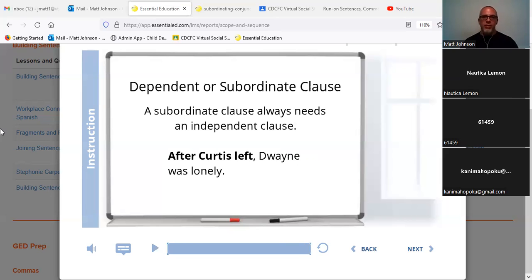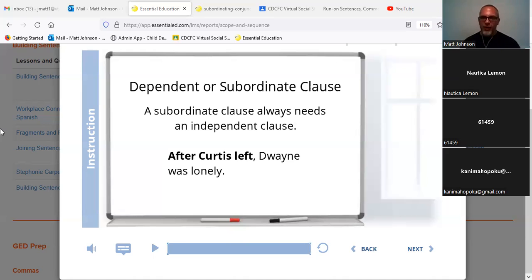You can also see those as introductory phrases sometimes. Before the game, comma, we went out for pizza. Before the game doesn't have any information there. It's basically a prepositional phrase. You have a preposition. When did something happen?